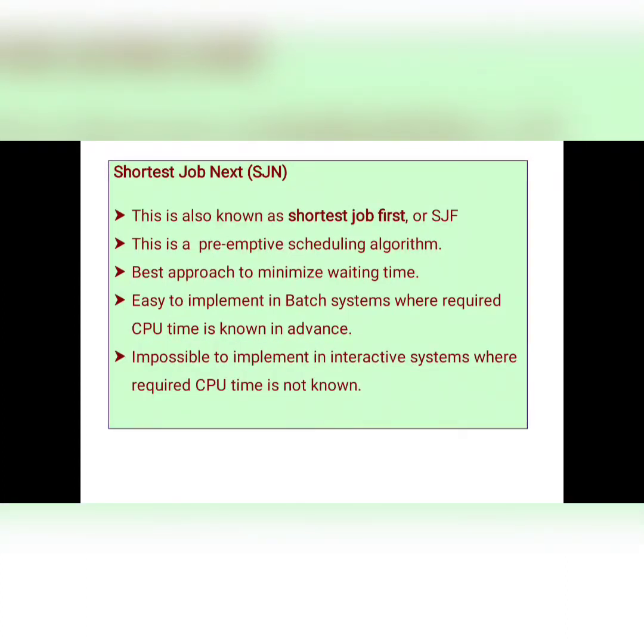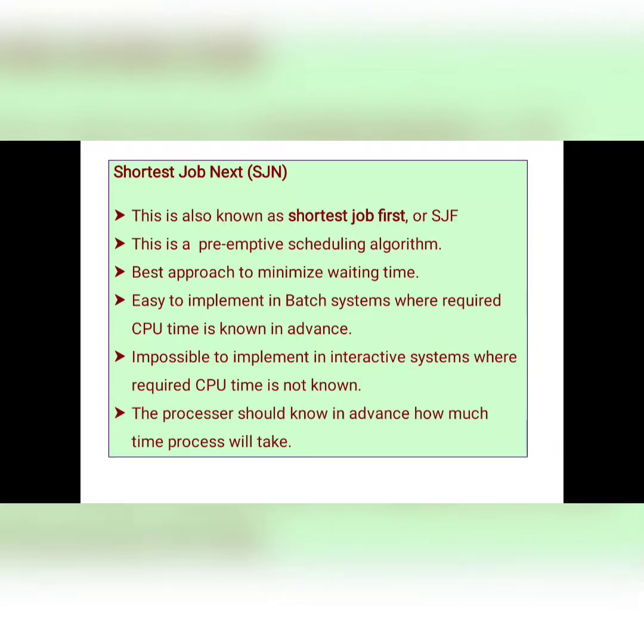It is impossible to implement in interactive systems where the required CPU time is not known. So this is one drawback with shortest job first. Whenever the CPU time is not known, it is impossible to implement this shortest job first scheduling algorithm in interactive systems.